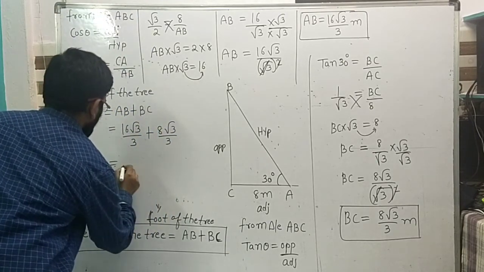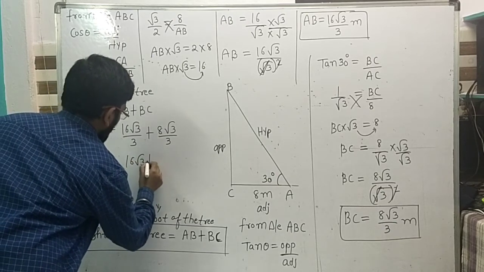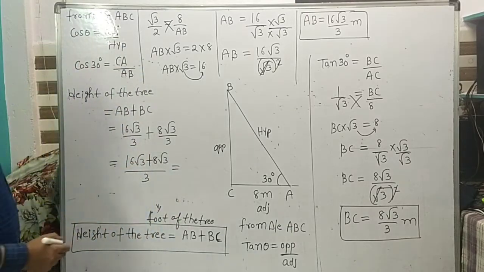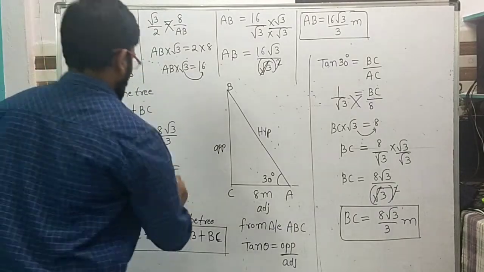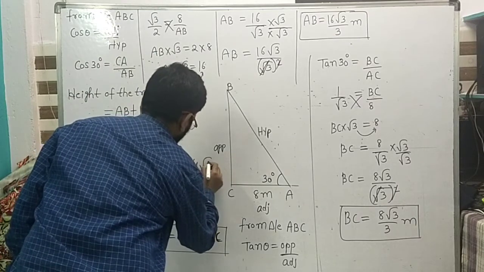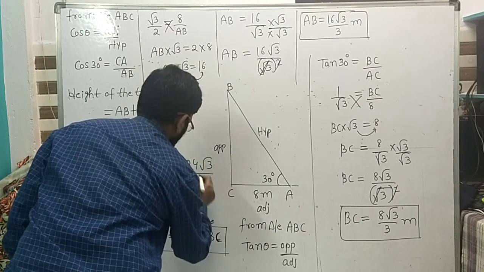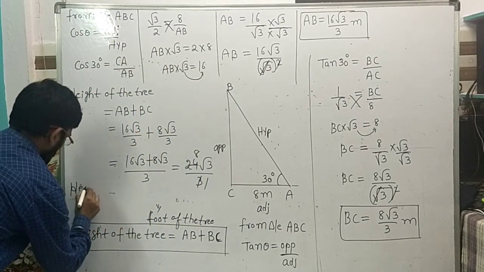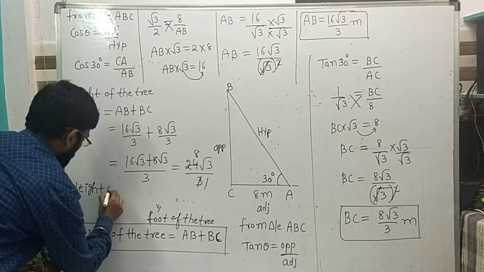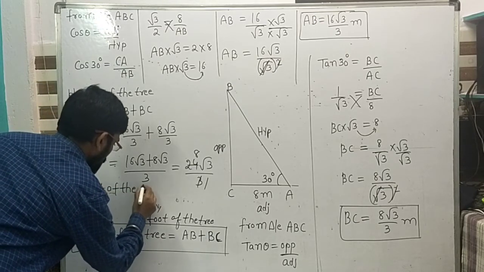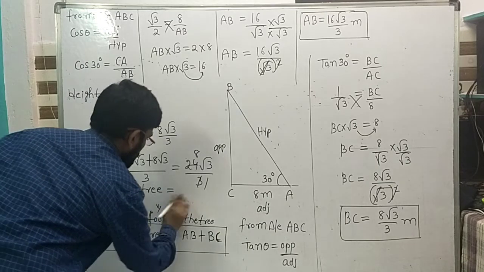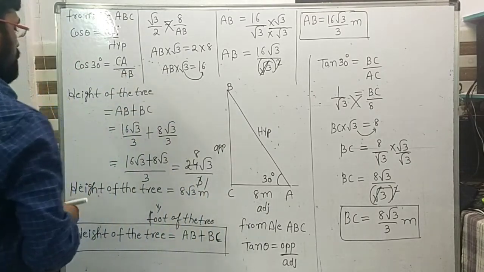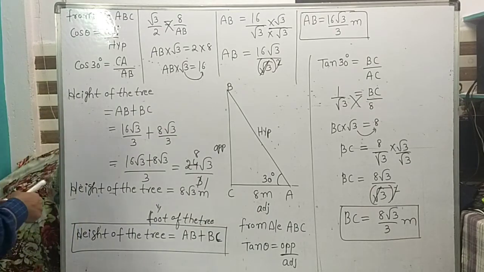In that, 3 is common: 16 root 3 plus 8 root 3 by 3. 16 plus 8 is 24 root 3. 24 root 3 by 3: 3 eights are 24. So the height of the tree equals 8 root 3 meters.